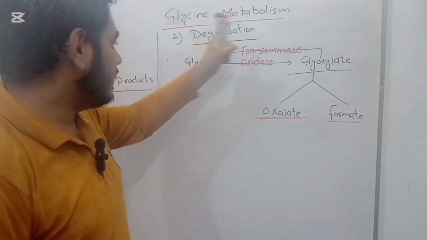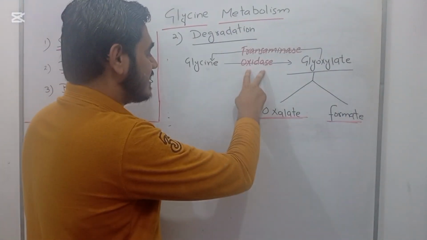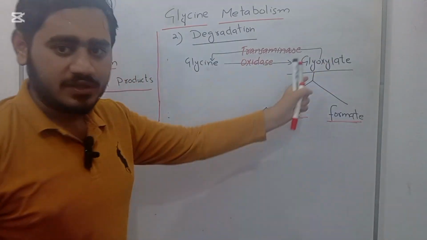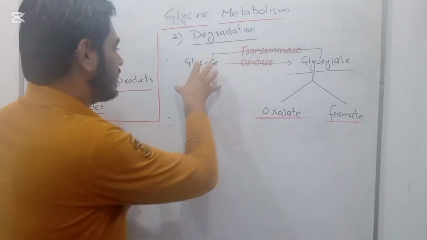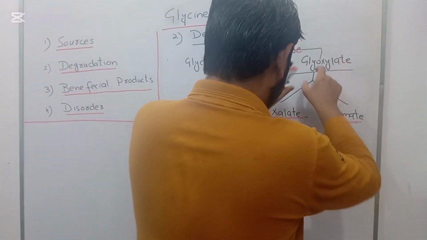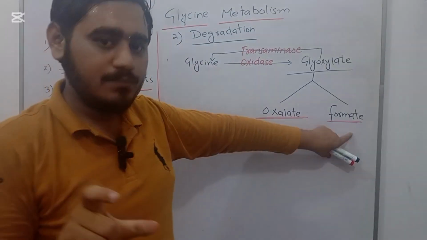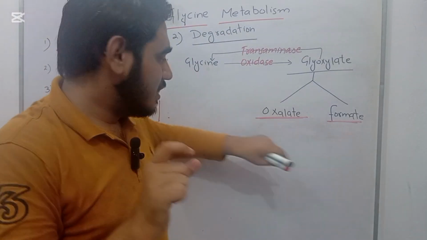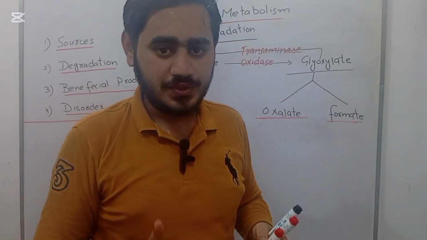So this is basically the degradation of glycine: glycine, by the action of glycine oxidase enzyme, forms glyoxylate. By the action of transaminase enzyme, it forms glycine again. This glyoxylate is very important. It breaks down into oxalate and formate, and this formate is very important in one carbon metabolism, and this oxalate gets excreted through the urine.